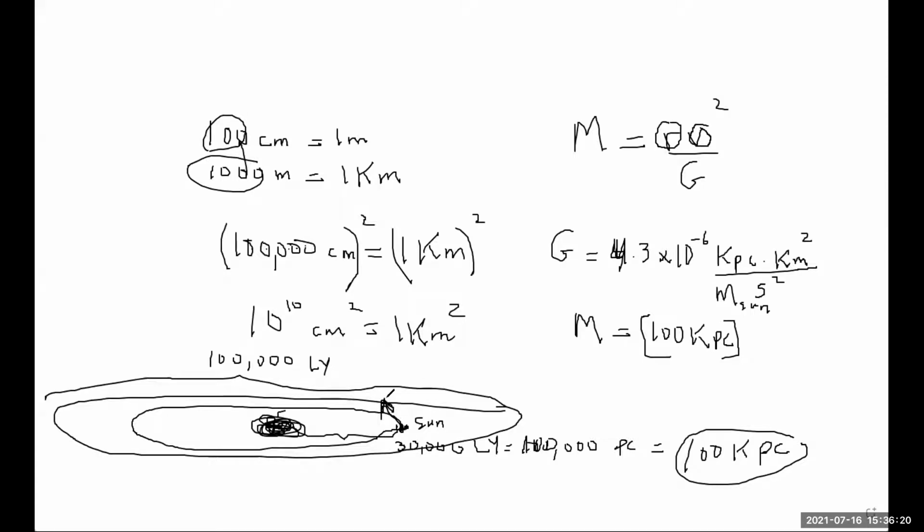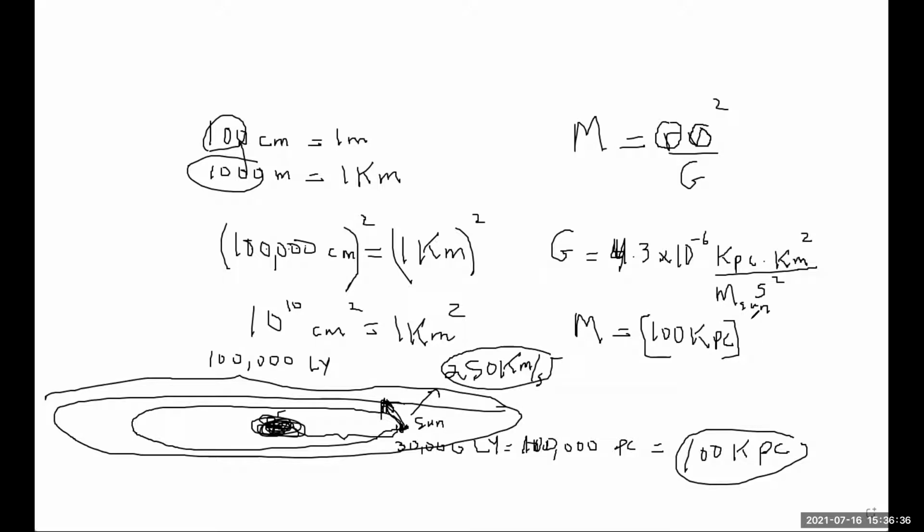Anyway, let's say the velocity of the sun was 250 kilometers per second. Oh, I think I had written it here, then I erased it.